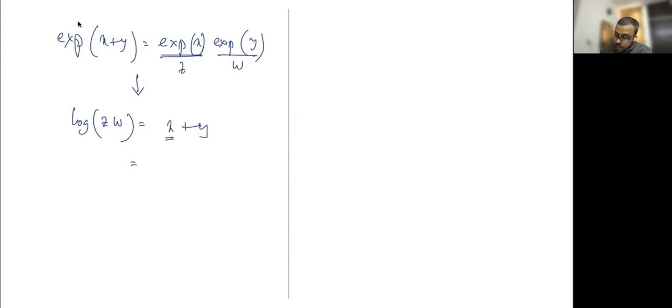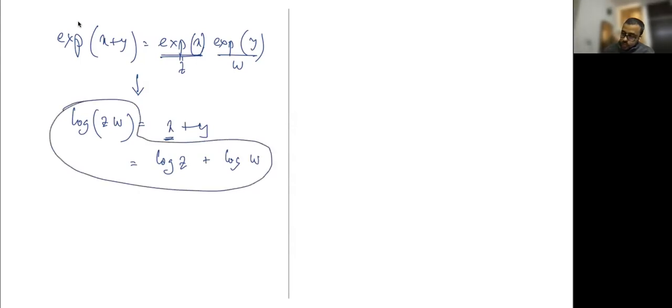X is log of Z. If Z is exponential X, log is the inverse function, that means log of Z would be X. So X is nothing but log of Z. Similarly, Y is nothing but log of W. So you get this property for the inverse function.